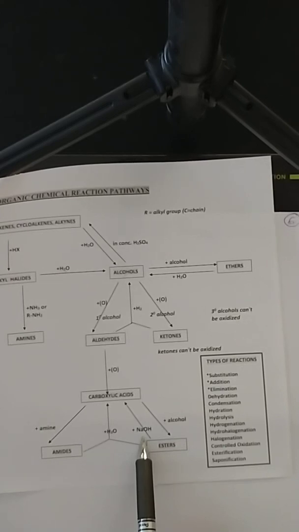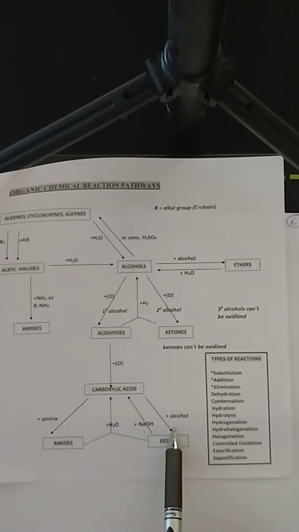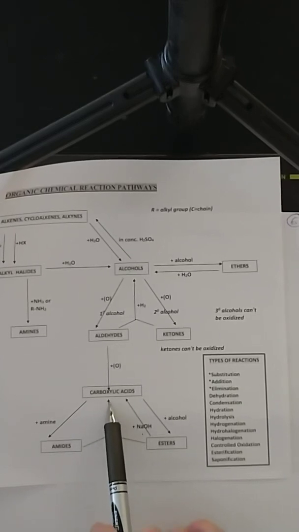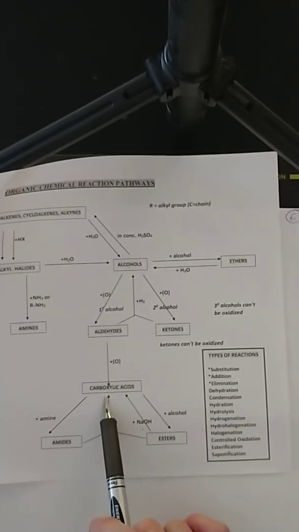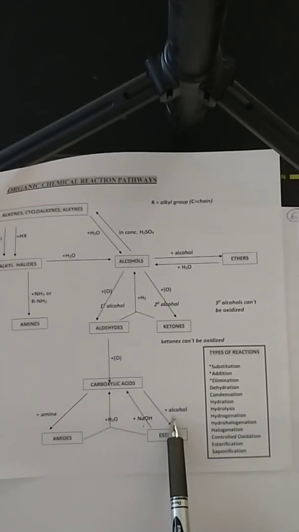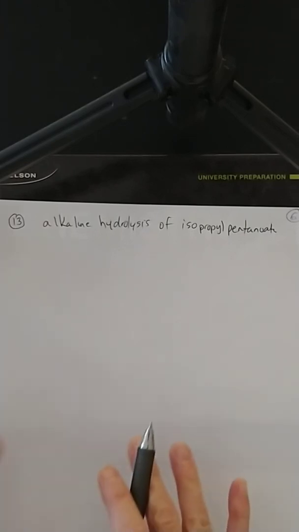And so what we make is not an acid and an alcohol, but what's called the salt of an acid, because it's going to become ionic, a salt of the acid and the alcohol. And the salt is what makes the soap.